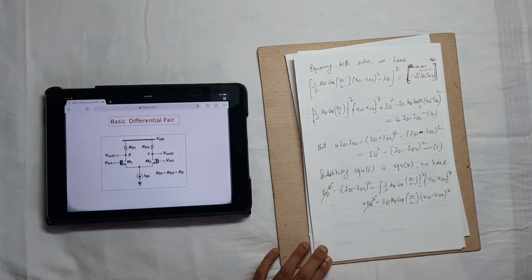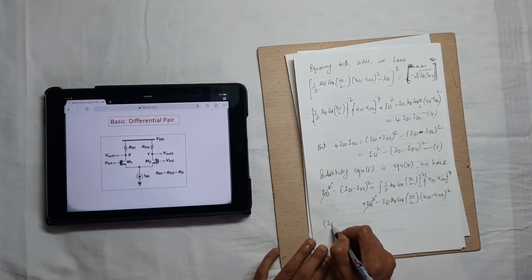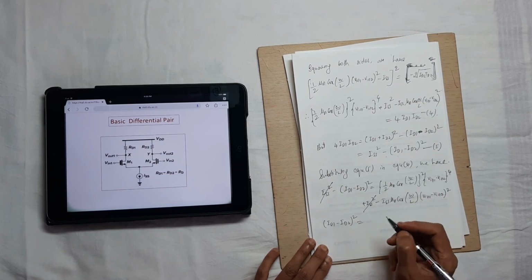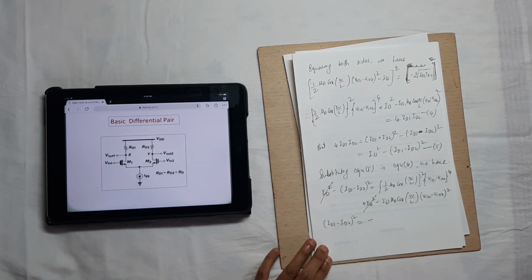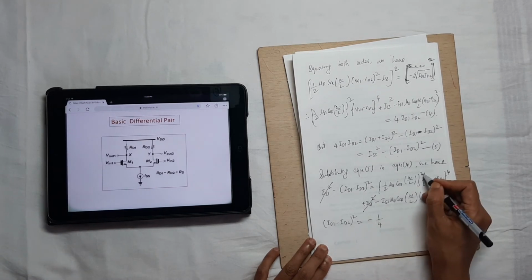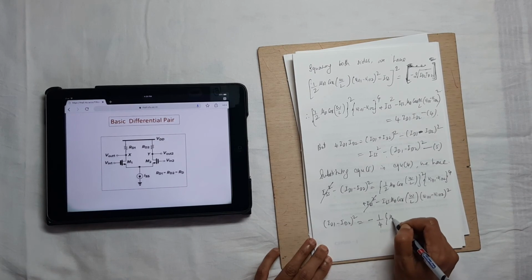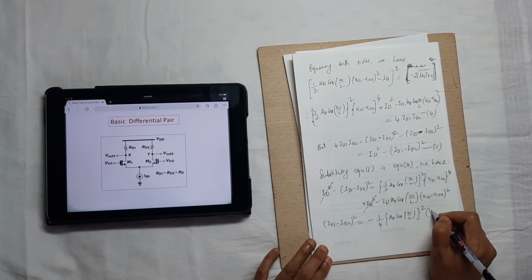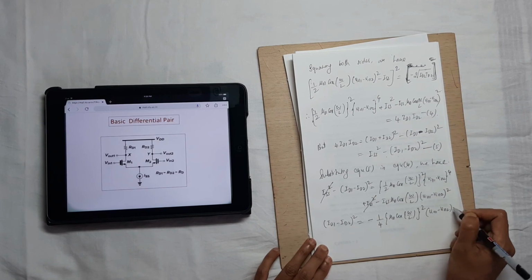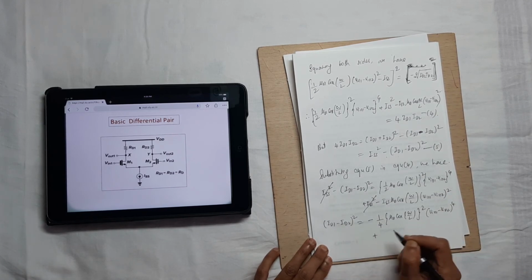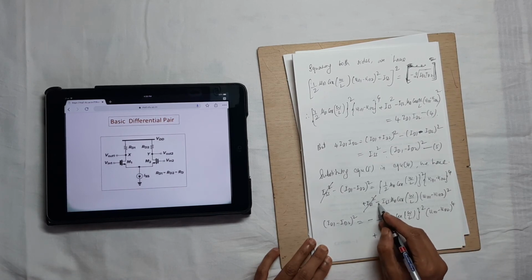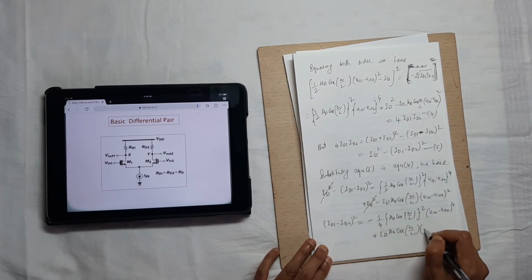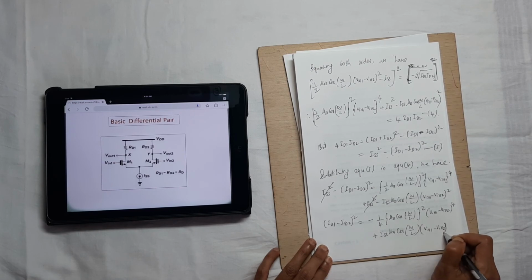Now this ISS square will cancel with this ISS square. We get id1 minus id2 whole bracket square is equal to, take this minus sign this side, minus 1/4, since this is square, 1/4 (mu n Cox W by L) whole bracket square (V in 1 minus V in 2) to the power of 4 plus, this minus of minus is plus, ISS mu n Cox W by L into (V in 1 minus V in 2) whole bracket square.